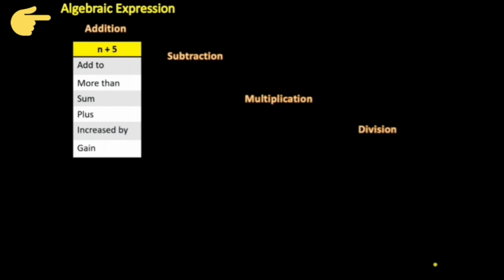Now let us see how we can write expressions using words, or how we can form a phrase for an expression. Look at this, n plus 5. For adding we can use all these words. How can we write this expression in the form of a phrase? 5 added to n, 5 more than n, sum of n and 5, n increased by 5, 5 gained by n.